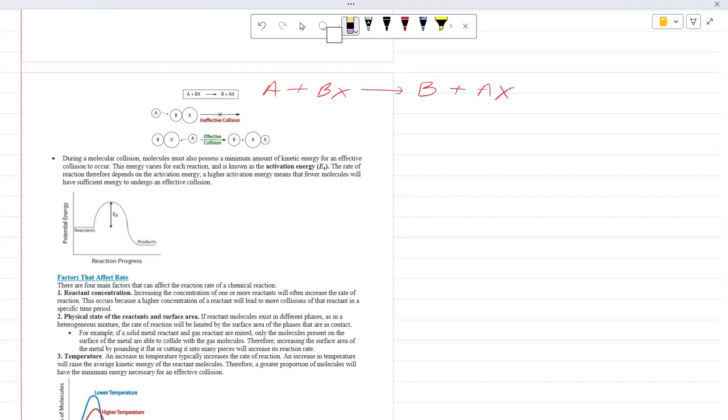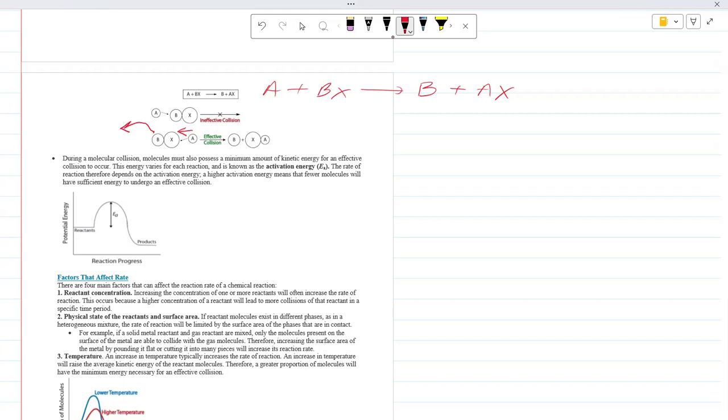Now, if the reactant A collides with the molecule BX from the side of X, like this, this is going to be an effective collision because the molecule B will be able to leave, right?